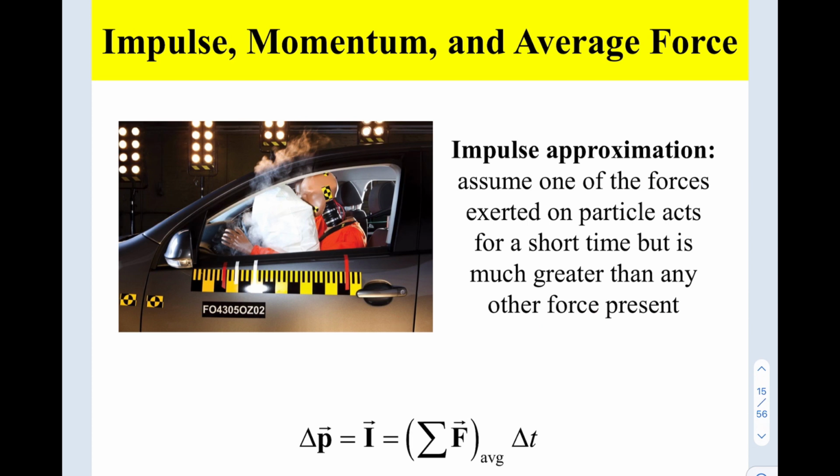So we represent the force that is effective in a collision as F average, which approximately agrees with the concept. So change in momentum is again equivalent to impulse, equivalent to F average or F net times delta t. This is the force that causes the damage.